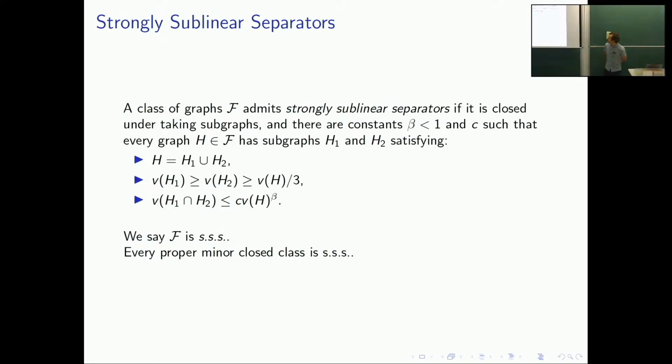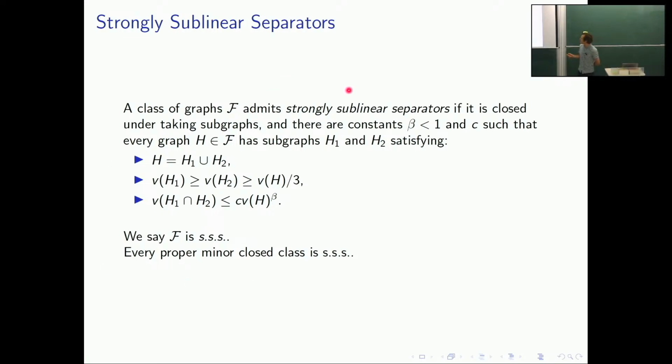Okay, so we're going to be interested in analyzing the extremal function for sparse classes of graphs. And in particular, what I mean when I talk about a sparse class of graphs for the purpose of this talk is a class of graphs which admits strongly sublinear separators. So we say that a class F admits strongly sublinear separators, firstly, if F is closed under taking subgraphs, that's important.